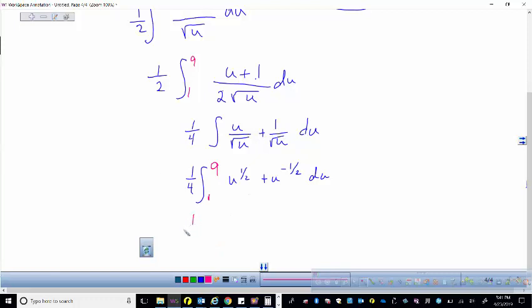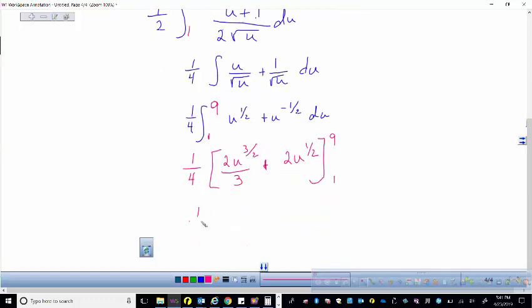So now I take the antiderivative, so I'm going to have 1/4. This would be 2u to the 3/2 over 3 for the antiderivative, plus 2u to the 1/2 from 9 to 1. So I'm going to have 1/4. I'm going to leave it there for now. I'm going to put in 9.